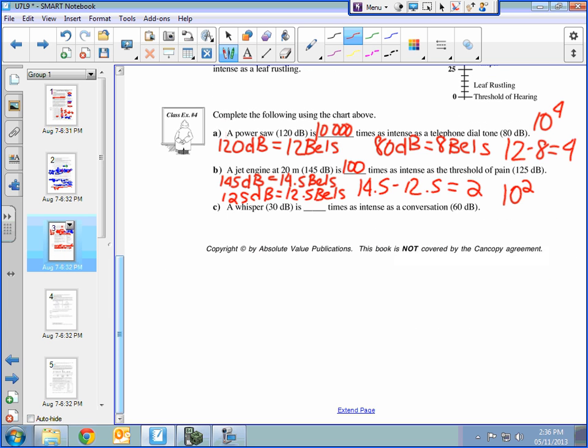Okay, so you guys tell me what to do on this next one. Okay. You switch 30 decibels, 3 bells. 3 bells. Okay, now somebody else tell me the next step. Yep. Do I go 6 minus 3?